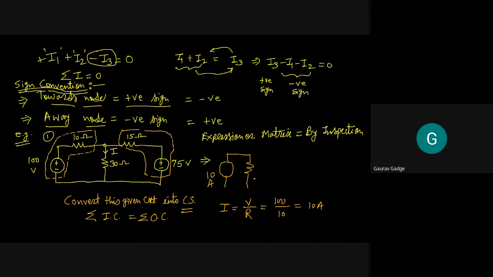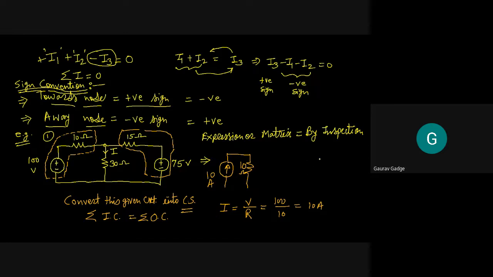But now you have to decide the orientation of the current, and that can be decided based on the positive sign present in the source. When the positive polarity is upward, the direction of the current source is to be upward. So that 10 ampere current is moving upward with the resistance for the current source as 10 ohms. That's all for the conversion of the first voltage source into the first current source.